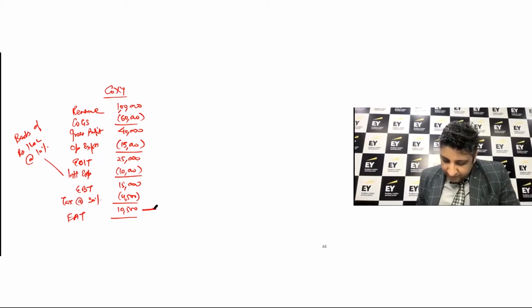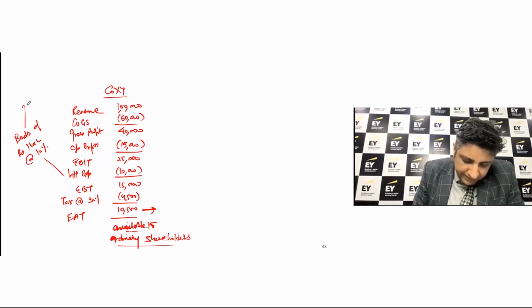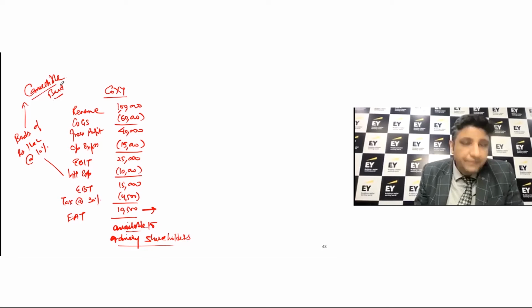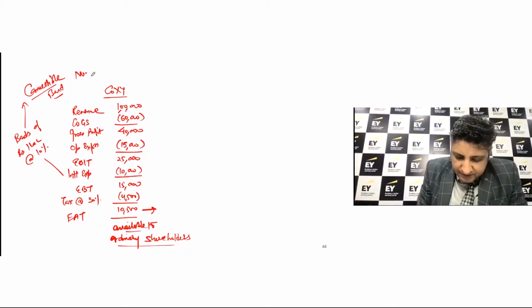So this is the profit which is available to ordinary shareholders, right? But then assume that this is a convertible bond. Let's also assume, by the way, the number of shares that this entity XY has currently is 1 lakh.